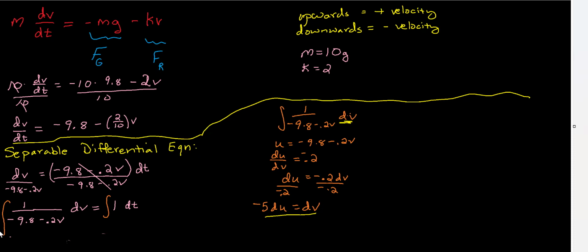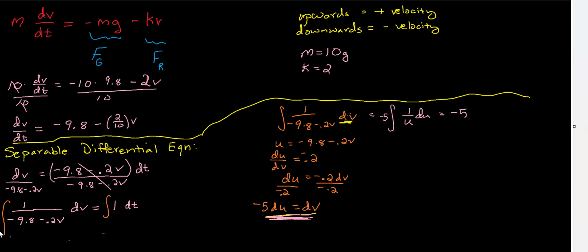That is really good because now I know what to substitute in for dv. So let's do that. I've got the integral. Instead of 1 over this complicated expression, now it's just 1 over u. And instead of the dv, I know that my substitution for dv is going to be negative 5. I'll put that in front, du.